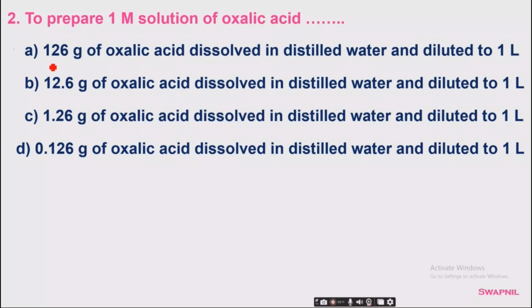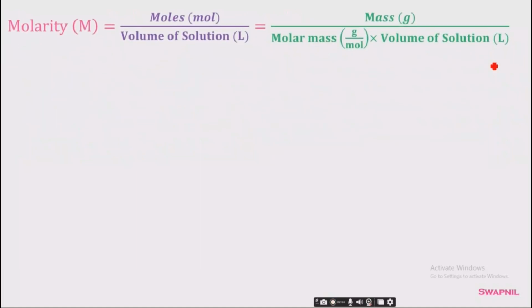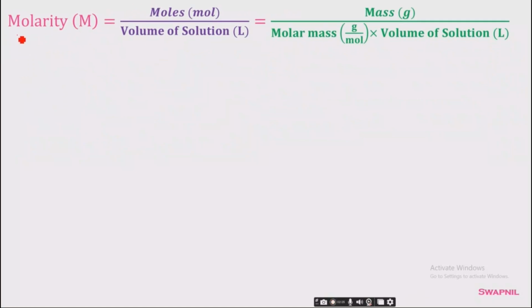And the correct option is option A, that is 126 gram of oxalic acid dissolved in distilled water and diluted to 1 liter. So here is the explanation for this answer. We know that molarity M is equal to number of moles divided by volume of solution in liter. We know that number of moles is nothing but mass divided by molar mass.